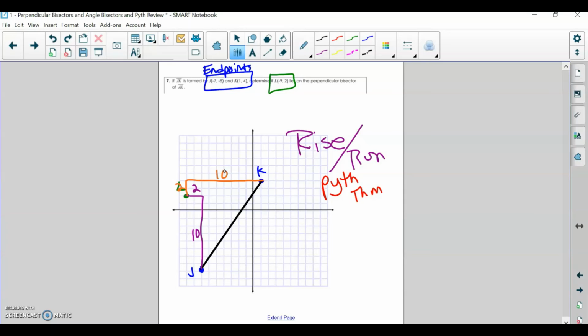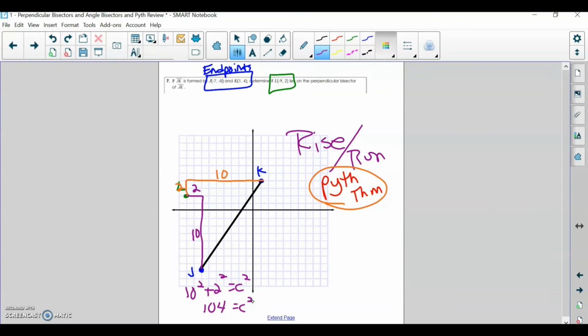Those distances using Pythagorean theorem, because that's really what you're doing, to see if they're the same. So just to show you that, we've got 10 squared plus 2 squared equals c squared, and that comes out to be 104.